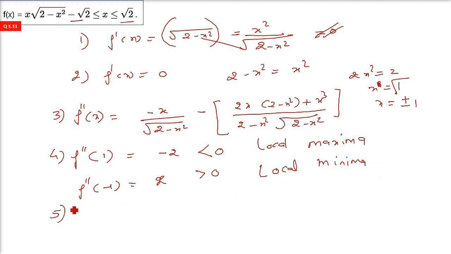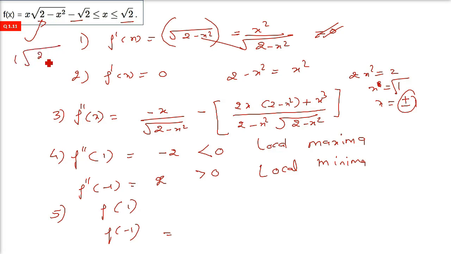Next step is just to find out the value of the function at these critical points. There is nothing with regards to step 3 and 4. 3 and 4 step is only for knowing the sign. This fifth step can also be done just after the second step, because once you are aware of the critical points, f1 and f negative 1 have to be placed in the original equation.